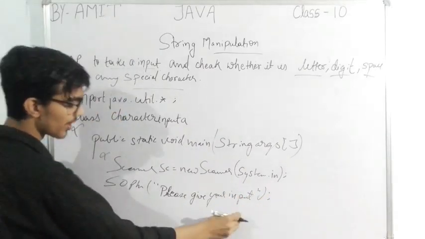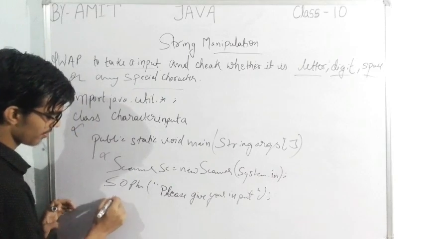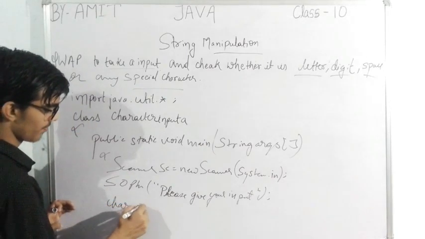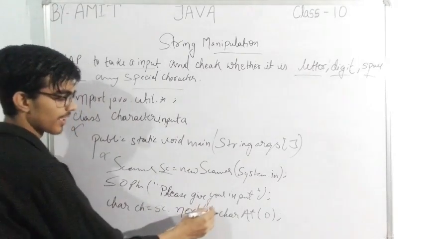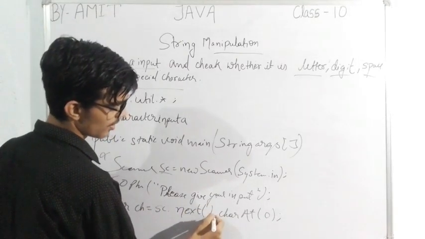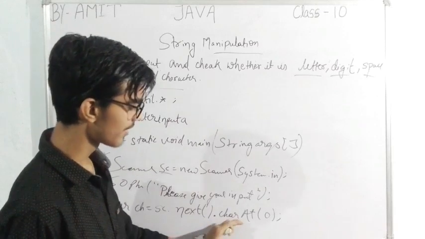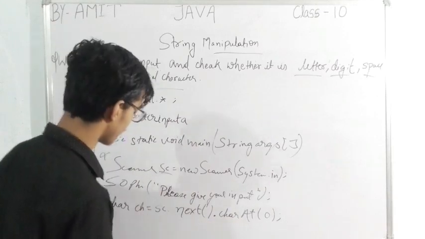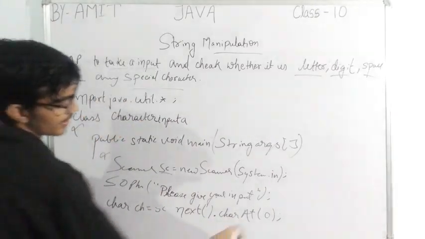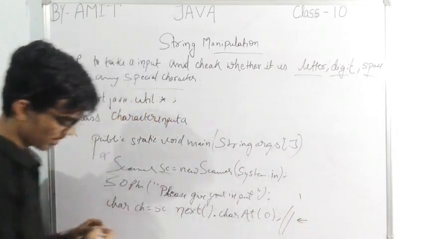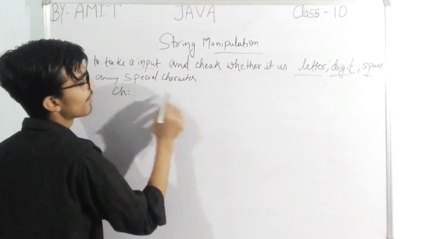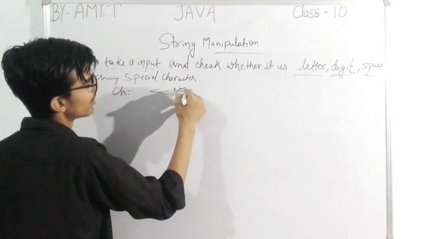It asks the user, and we'll write char ch = sc.next().charAt(0). So here the character will be entered by the user. In ch we have the user input.